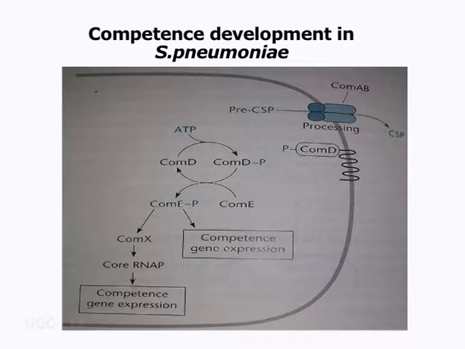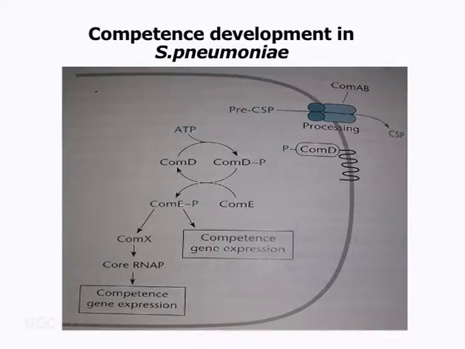One of them encodes an RNA polymerase sigma factor. This is something interesting: this newly synthesized sigma factor will interact with the core RNA polymerase and will direct the RNA polymerase to recognize a new set of promoter sequences, which are found upstream of 60 additional competence genes.